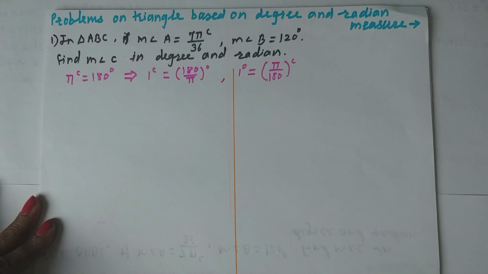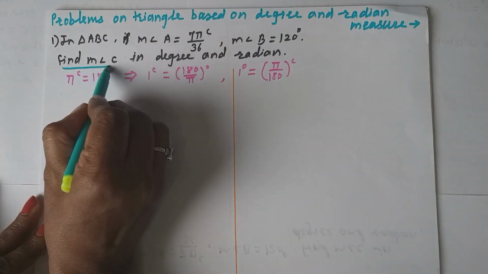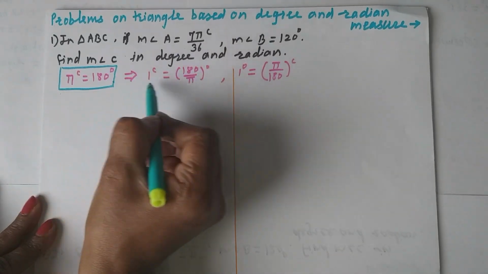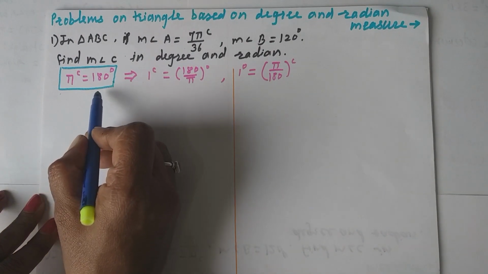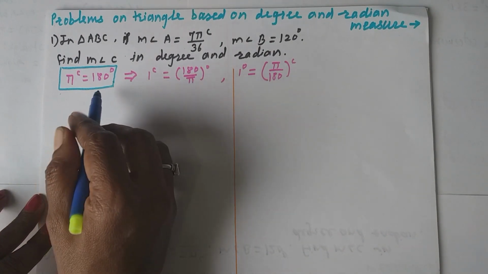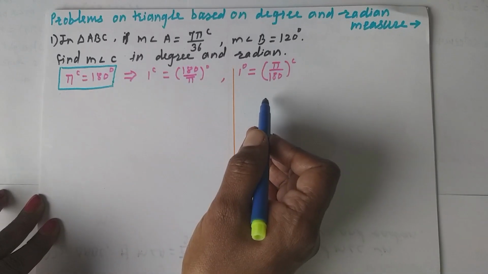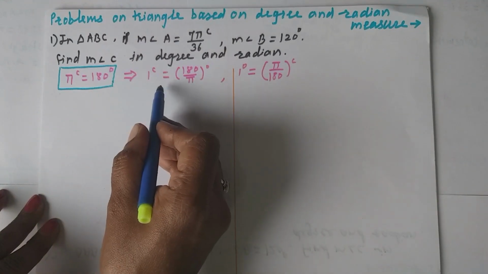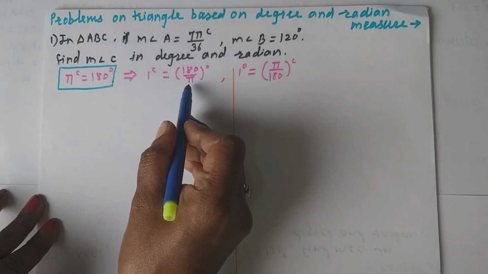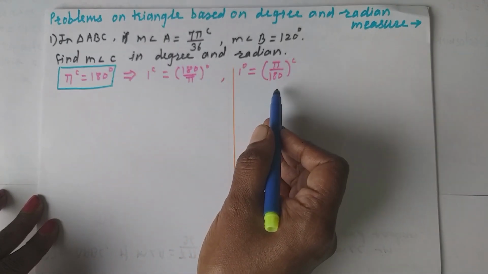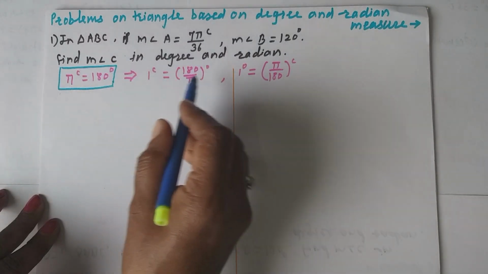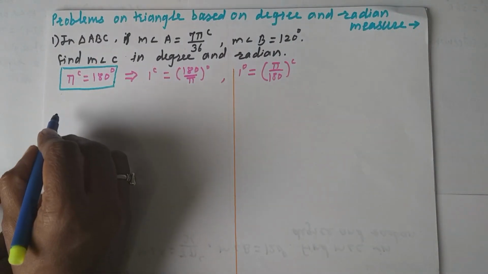If you know this basic formula, you can derive these two formulae instantaneously. If you know that 1 radian is equal to 180 divided by pi degree and 1 degree is equal to pi divided by 180 radians, then it is very easy to solve such type of problems.